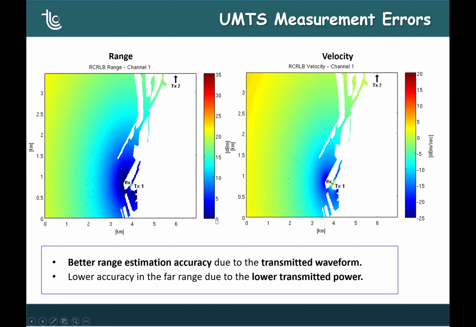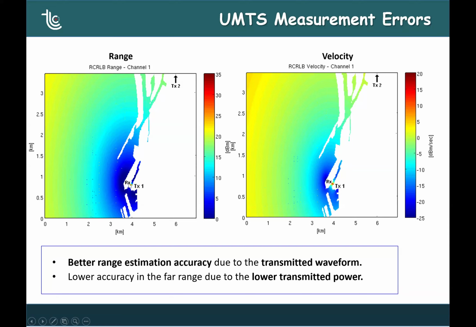So we should look at the low values of the Cramer-Rao bound. It is measured in dB. So in the blue area, we have a good estimation of the range. In the green or red area, we have a bad estimation of the range or the velocity.